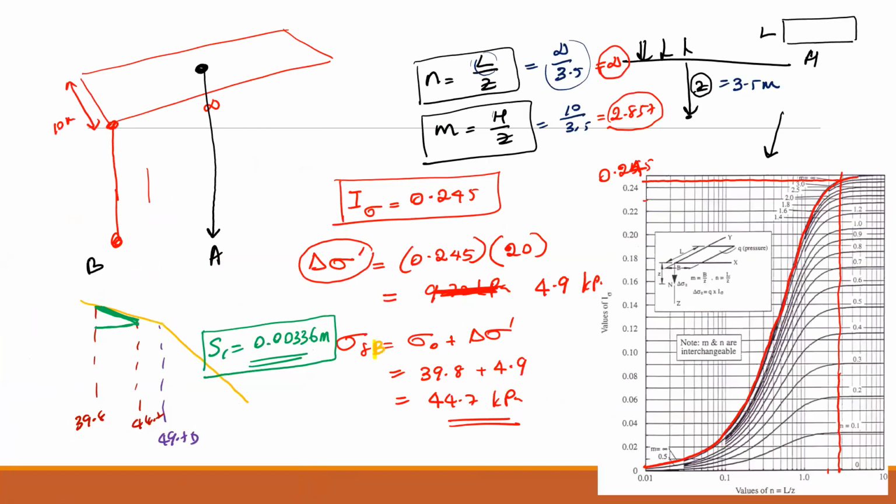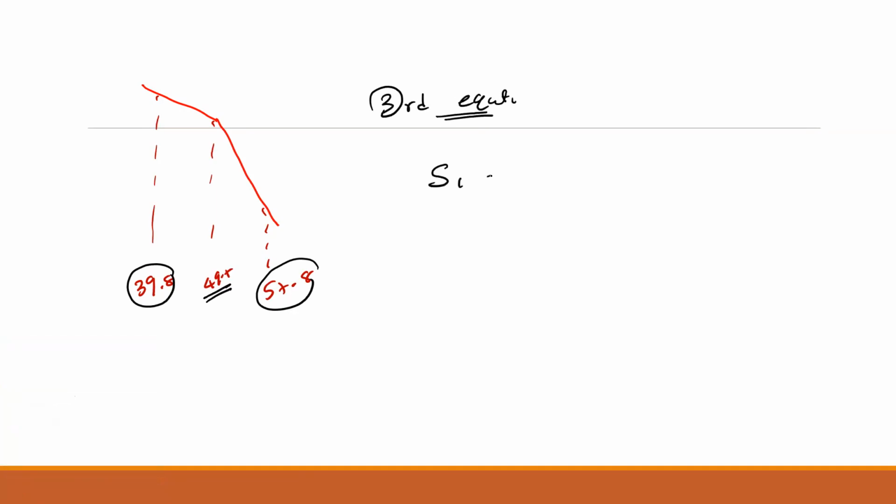No, what's that? 49.75. So this is 49.75, 57.8. So you have the two points, initial and the final, on both sides when you compare with the sigma p. So you need to use the third equation. Use the third equation and find the settlements. That's it.